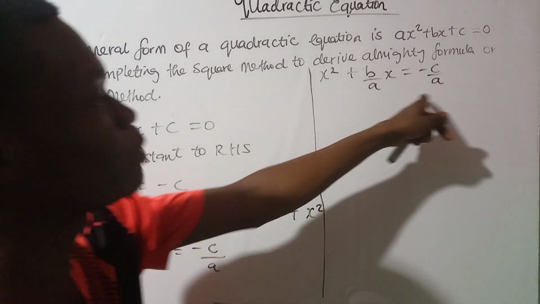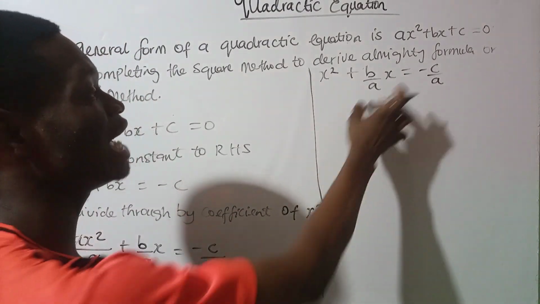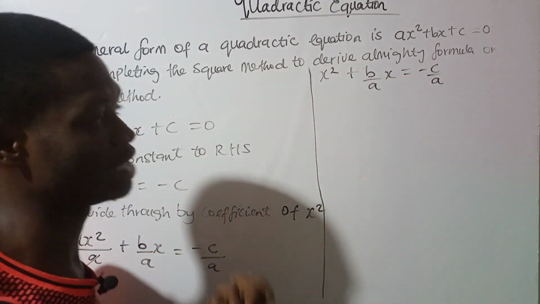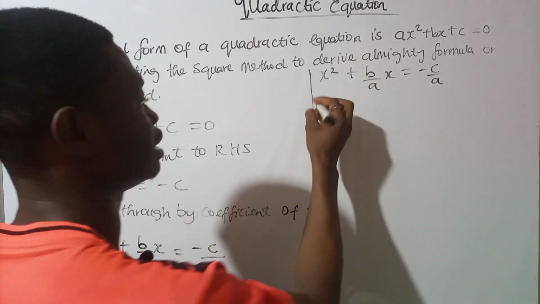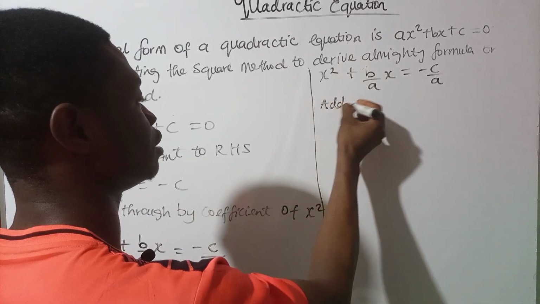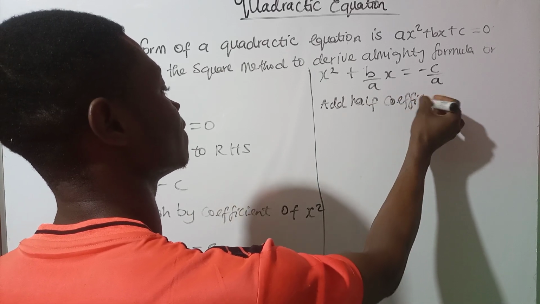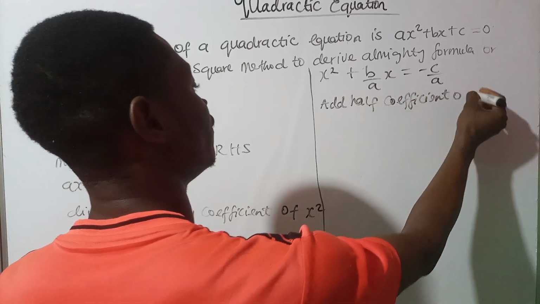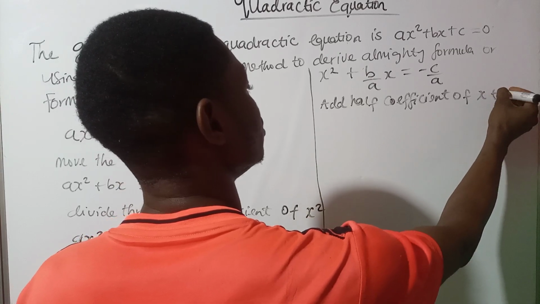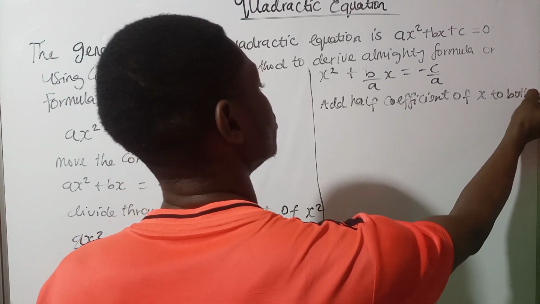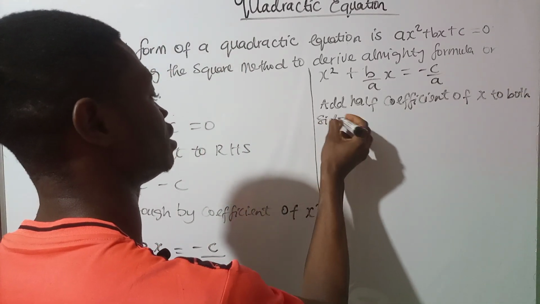Now, at this point, we are going to add half the coefficient of x to both sides.